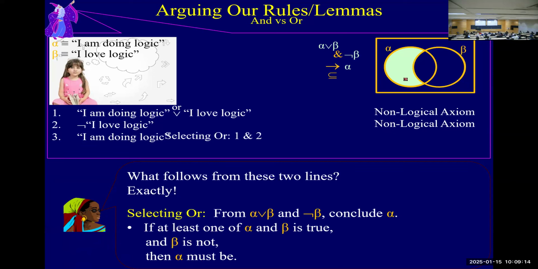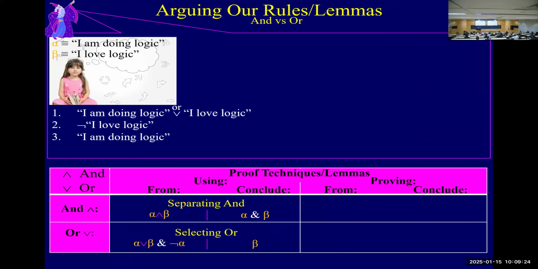All right. And so here we put that it came from lines 1 and 2, right? All right, so this is my purple table saying if you have an AND or you have an OR, you've proved them already. They're your axioms, so you've proved them.